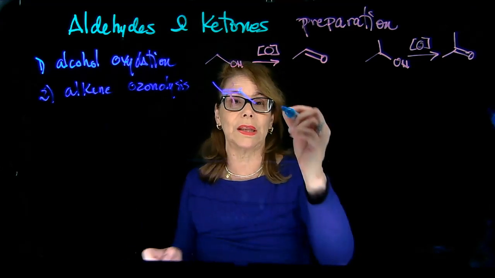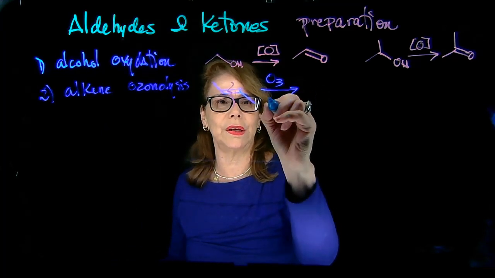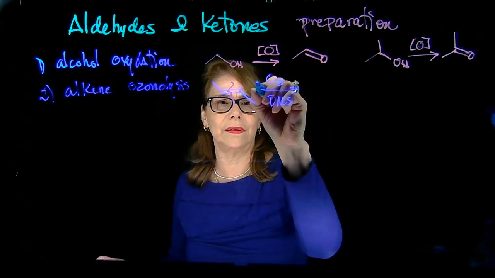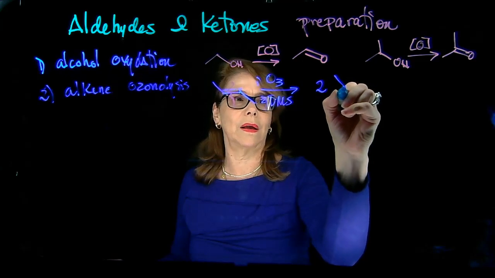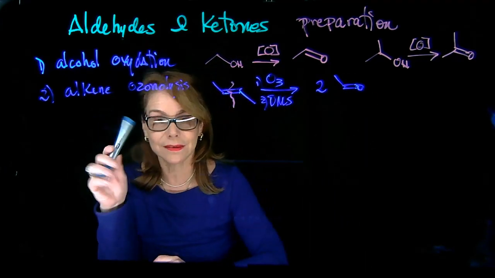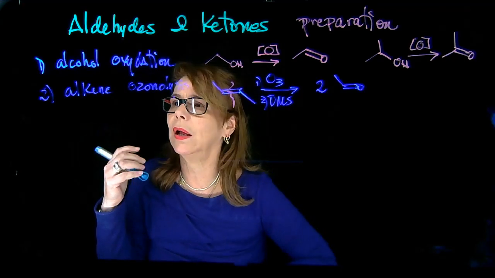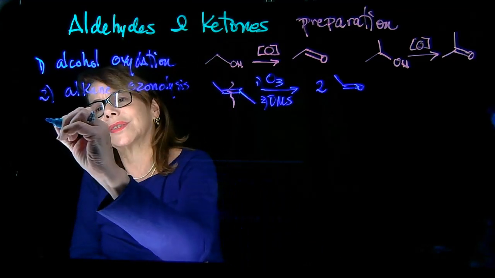In this particular case, if you do O3, DMS, you're going to get 2 moles of acetaldehyde. Now, there is a third method, very useful, and this is from alkyne hydration.